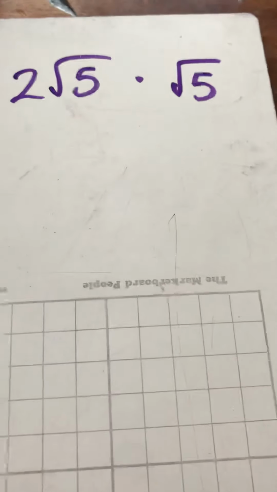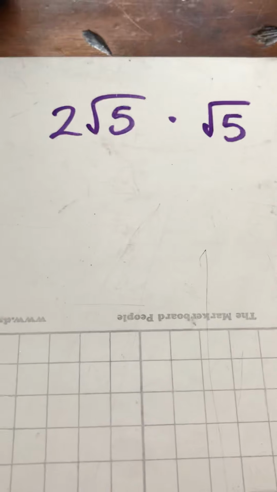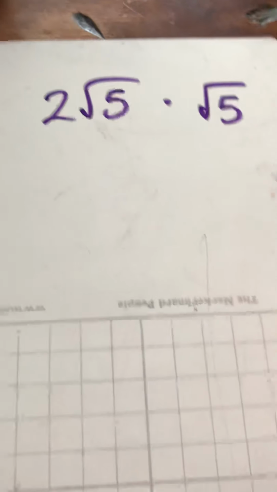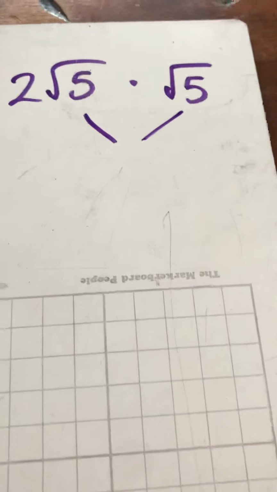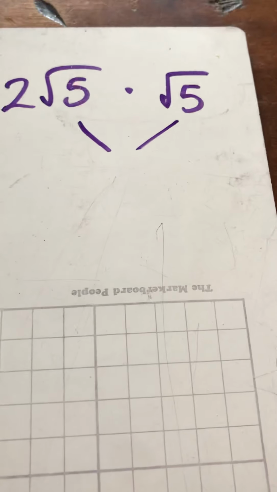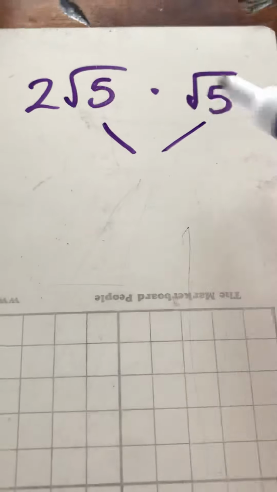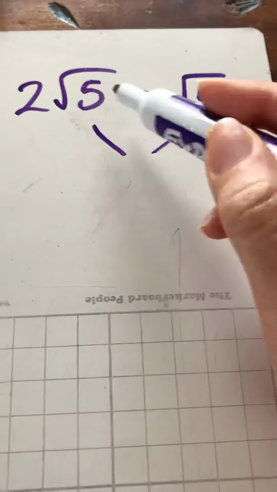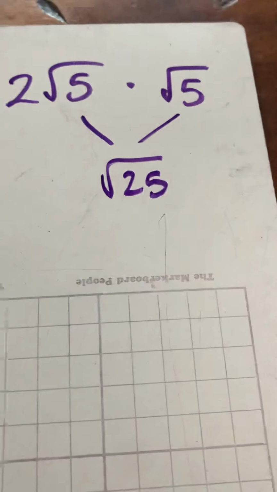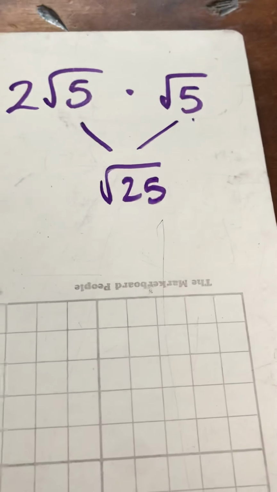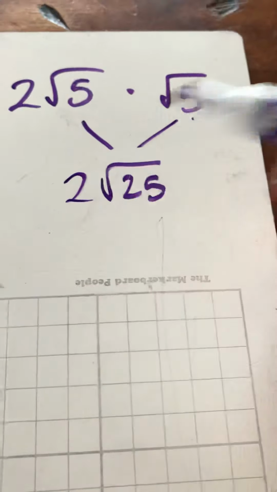Another expression in that problem was this one that you also said was irrational. But we have these two square roots. So if we think back to, I think it's 6.2, the product property, we can find the product of these two. 5 times 5 is 25. So if we write that under the radical, that's what those two would simplify to be, and then we just bring down the 2.